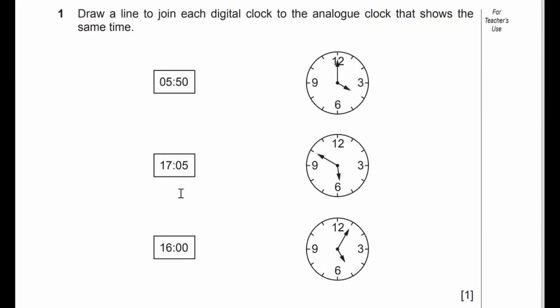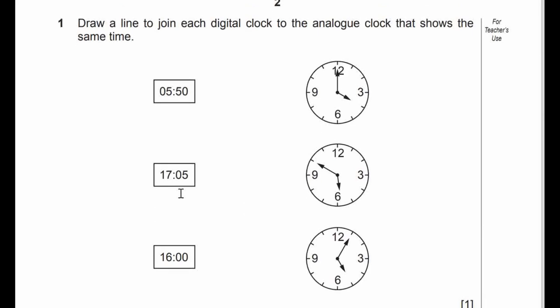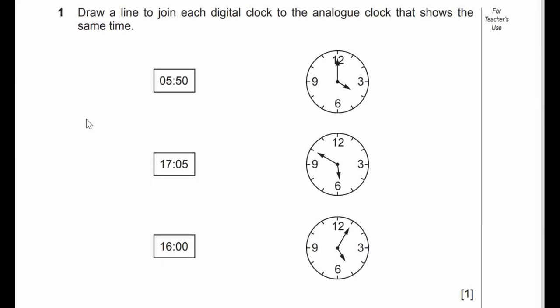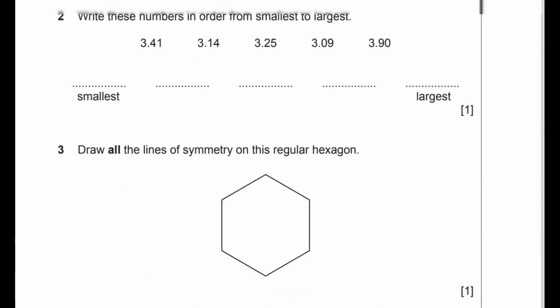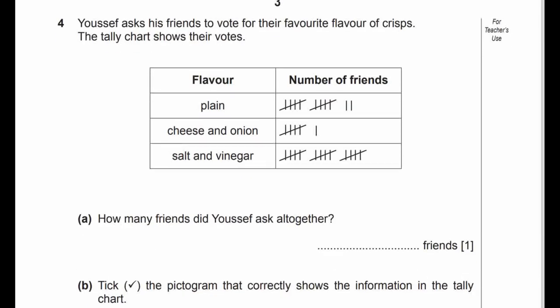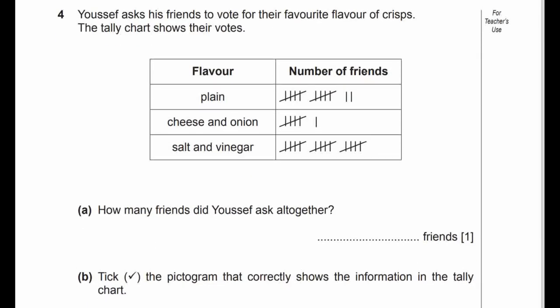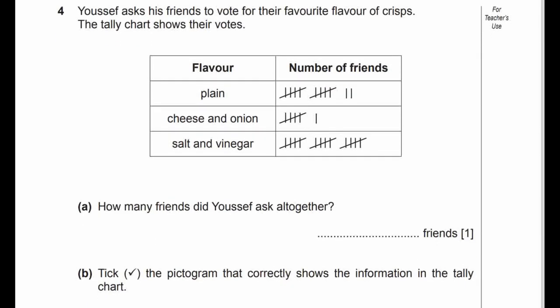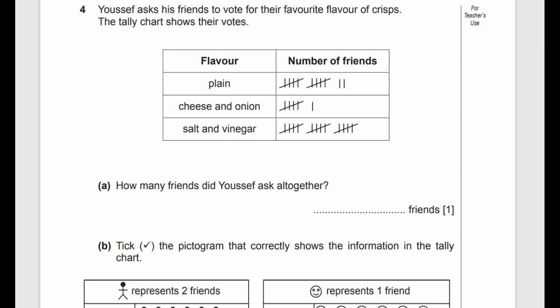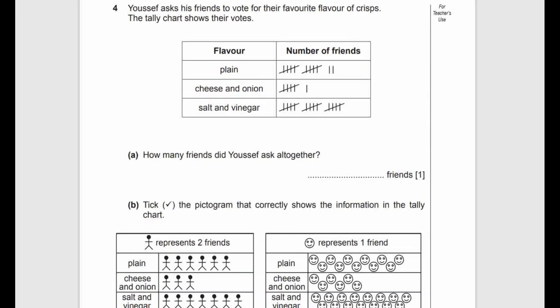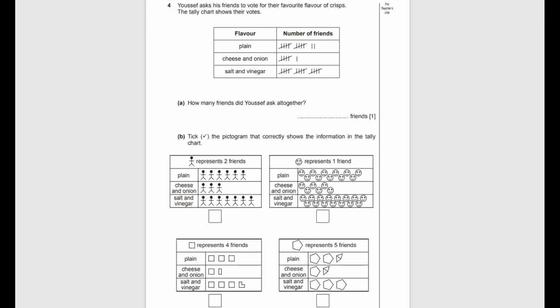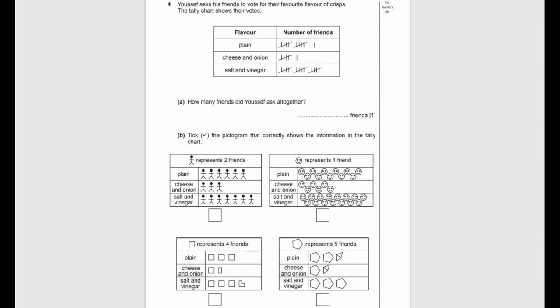Now, this is question number 1, page 2. You can take a screenshot. This is question number 2 and 3. Here we go, question number 4, A and B. Let me zoom out to the whole page of question number 4.